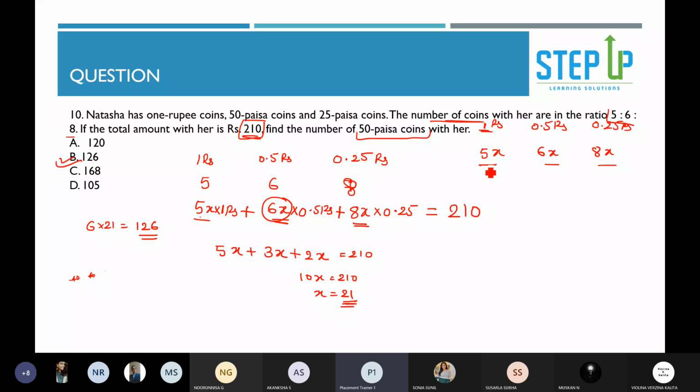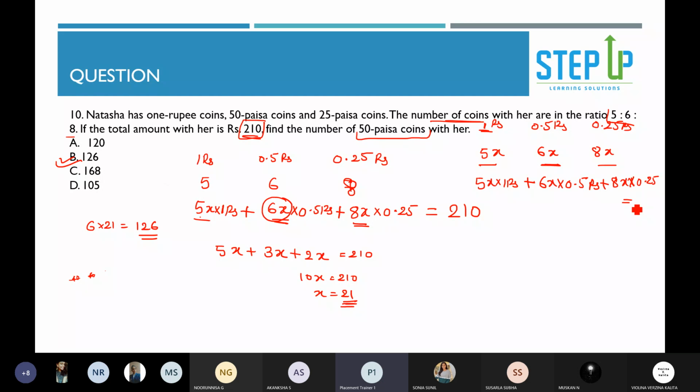But when I multiply, you assume that you have 5x coins of 1 rupee. It means that you will have 5x into 1 rupee with you. You have 6x coins of 0.5 rupees. It means that the amount you will have from this 50 paisa will be 6x into 0.5 rupees. You have 8x coins of 0.25 rupees, so the amount which you will have is 8x into 0.25.